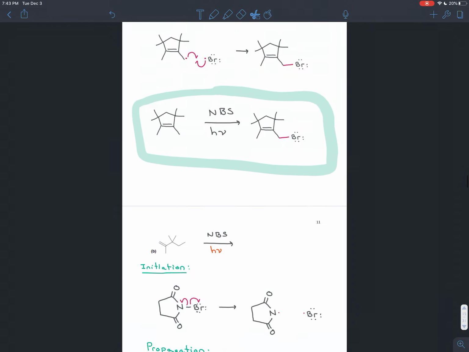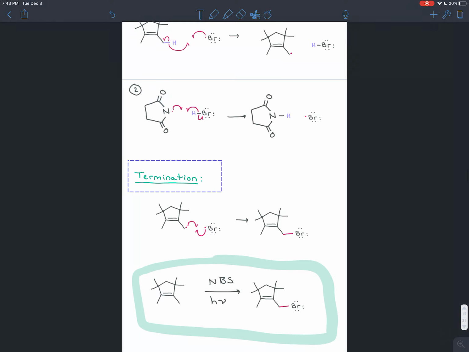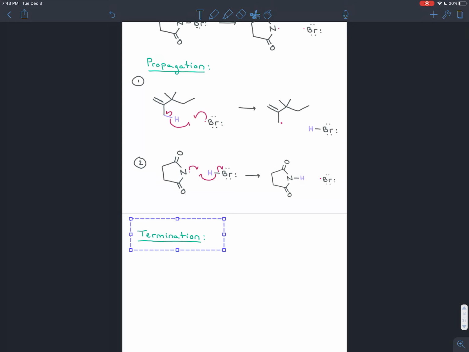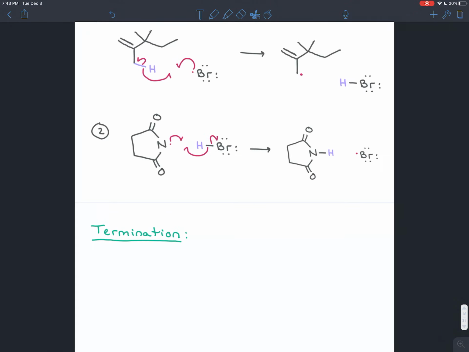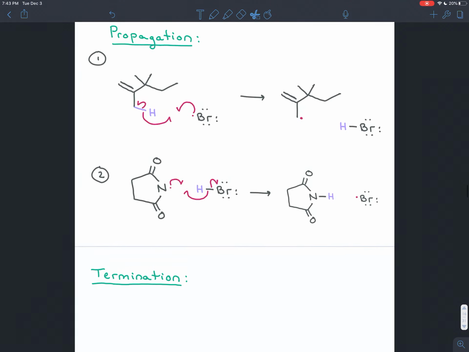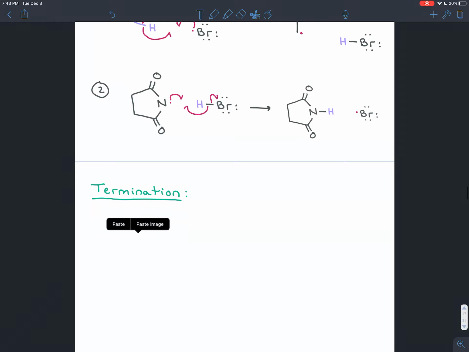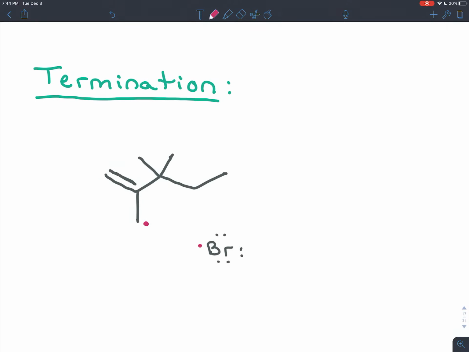At the end of our story, we're going to have a termination. It's always the last step in any radical mechanism. And in the termination step, the 2 radicals that we formed in the propagation step couple. They come together. So this carbon radical will come together with this bromine radical to form a new bond to each other. That will destroy the radicals, so that they'll pair up and you won't have the radicals anymore.